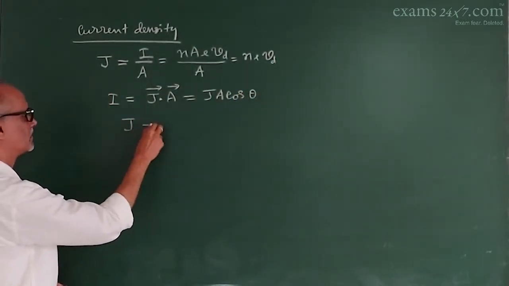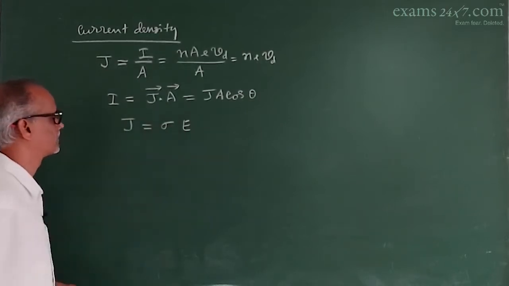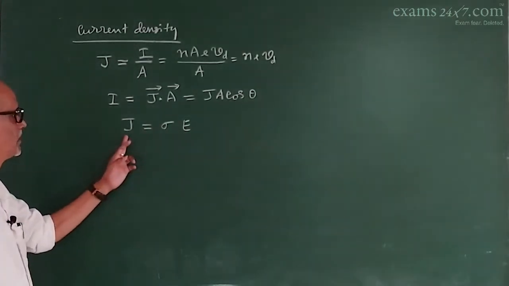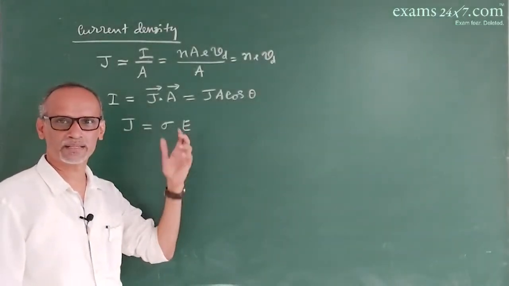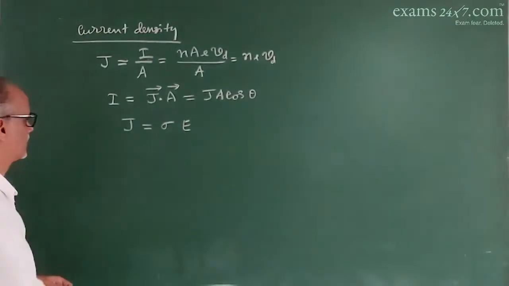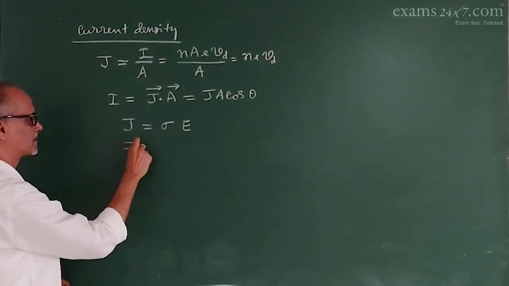Now J is also given by sigma into E, where J is current density, sigma is the electrical conductivity, and E is the electric field inside the conductor. And here E is a vector, J is a vector, therefore we can even write this in vector form.